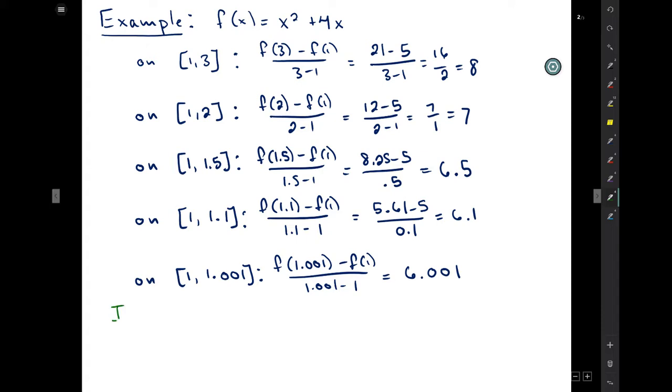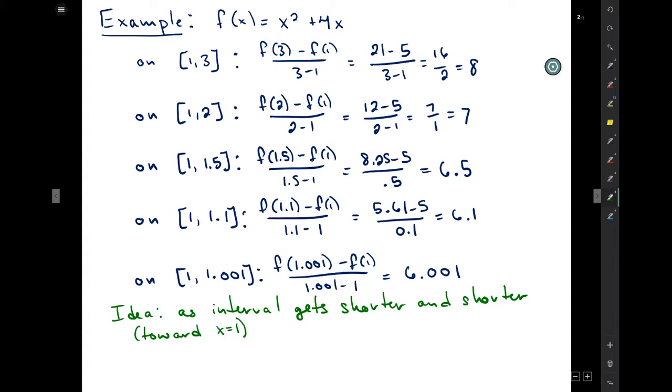So the idea is that as the interval gets shorter and shorter toward x equals 1, so I'm getting closer and closer to just plugging in the number x equals 1, the average rate of change seems to approach 6.